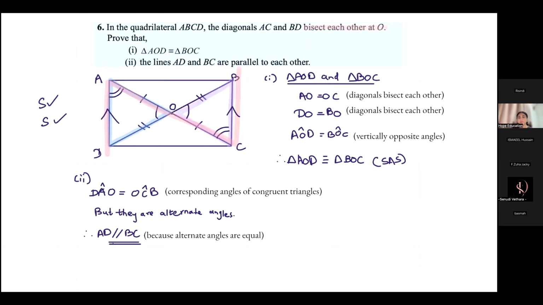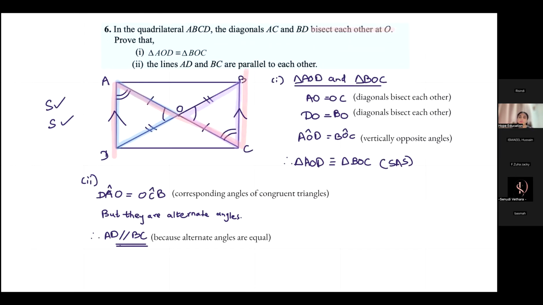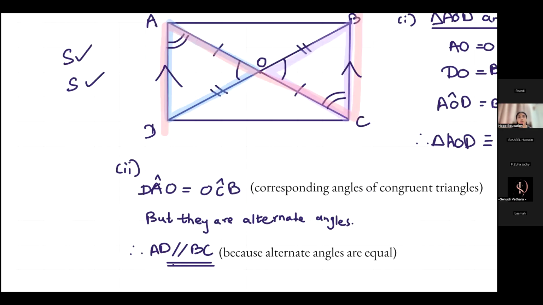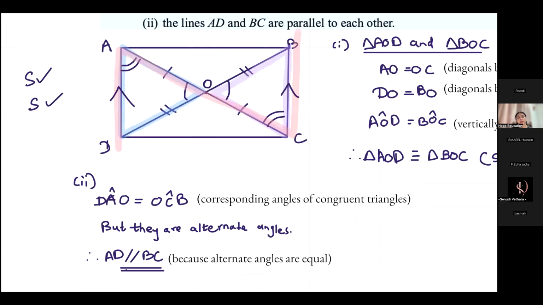Thumbs up. Miss, that one from DAO equals OCB, I didn't understand that one. DAO equals OCB, the angle equaling the angle part. Okay. Yes. Here, first of all, we said that the blue triangle and the purple triangle are congruent.